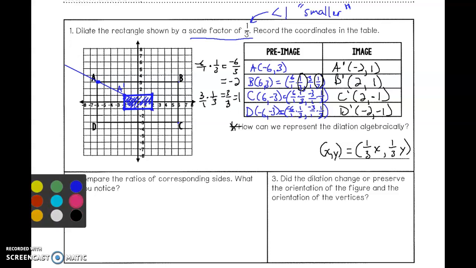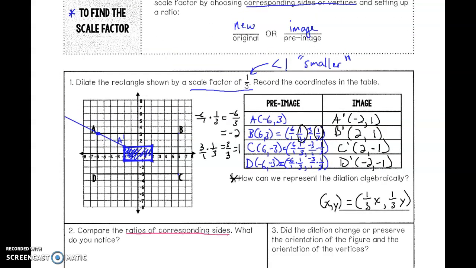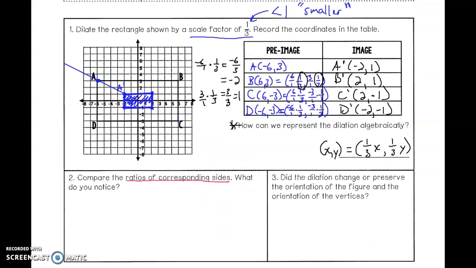Now it says compare the ratios of corresponding sides. What do you notice? Well, basically, I'm going to put my image over pre-image. The distance from A prime to B prime over the distance from A to B. Don't overthink this.